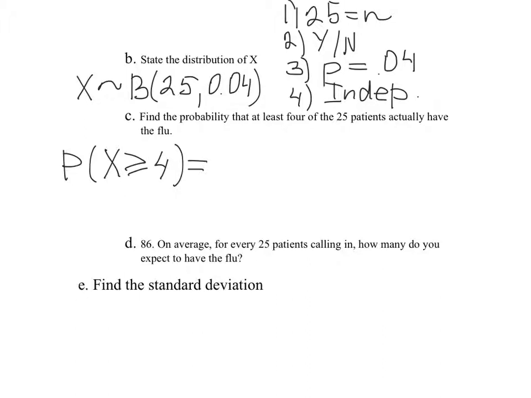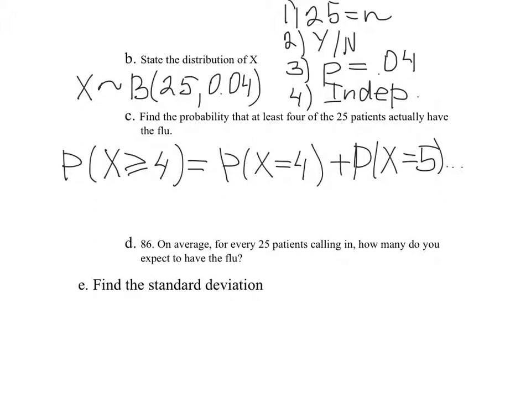Actually, this question includes a lot of probabilities to find. So I need to find the probability that x equals 4, or x equals 5, and all the way up to x equals 25, right? Because they all would satisfy the condition of being at least 4.